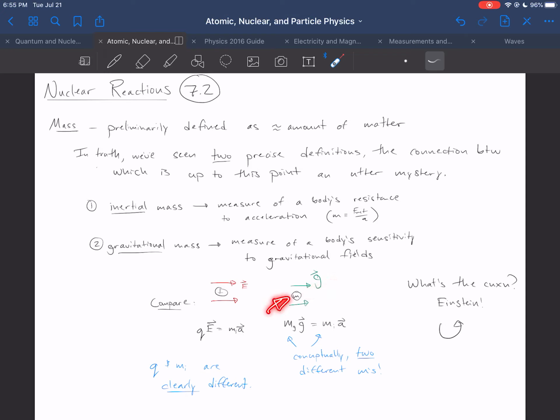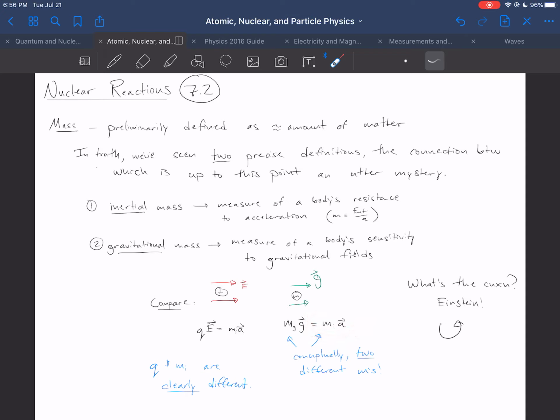That mass, how much of a gravitational force it feels, is the gravitational mass, m_g. And so conceptually, just like QE is equal to m_I times a, the gravitational mass times the gravitational field is equal to the inertial mass times the acceleration.